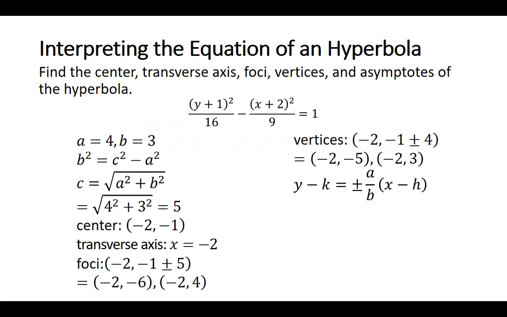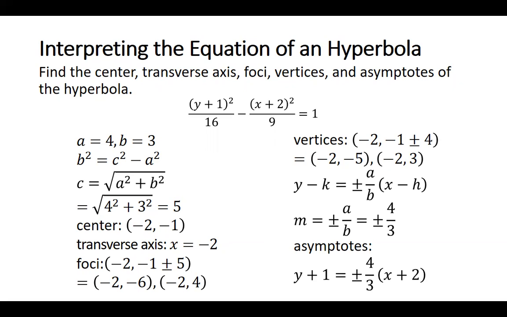A was 4, B was 3, so we have plus or minus 4/3. And then x minus h, or x plus 2. So our slope is equal to plus or minus a over b, or plus or minus 4/3. Our asymptotes, once we plug those in, y plus 1 is equal to plus or minus 4/3 times x plus 2.